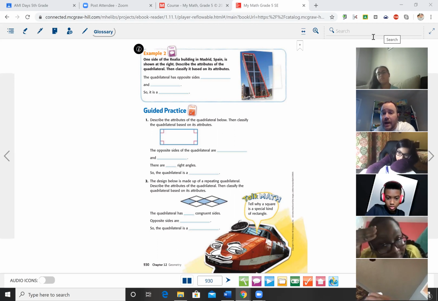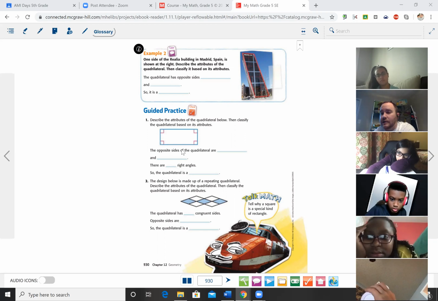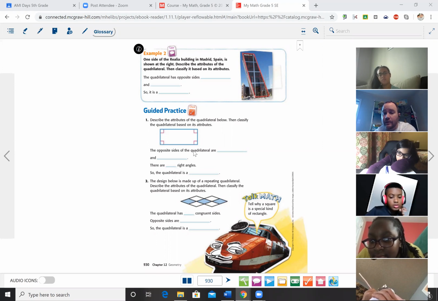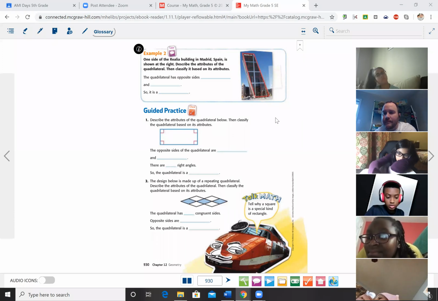Yeah, so opposite sides are the same, but all sides aren't the same. And all of your other characteristics were absolutely perfect. So I would definitely classify that one as a rectangle. You can go down that list right below it, and it pretty well tailor-made everything to it. Great job there.